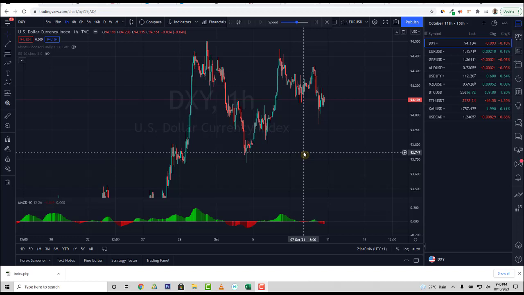The wave analysis and market structure rule. If there is an agreement between the wave analysis and the commitment of traders, then no doubt the market is going to move in that direction.